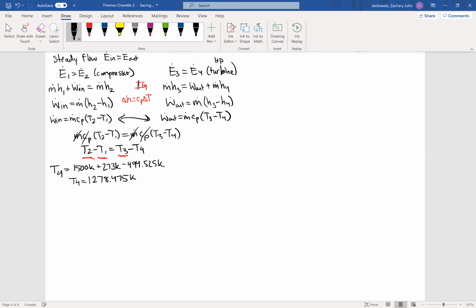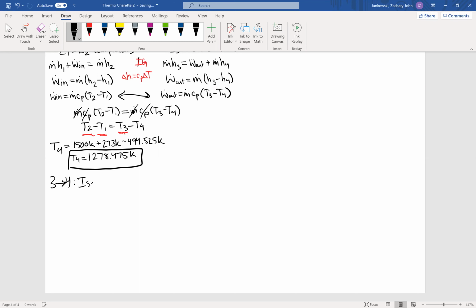And once again, knowing that we have an ideal gas and we can use our ideal gas isentropic relations, we're going to evaluate our stage 3 to 4 now, which we know, once again, is isentropic, but this time is our first expansion to the high pressure turbine.